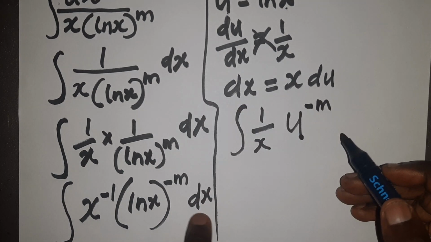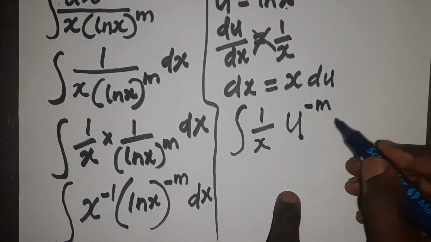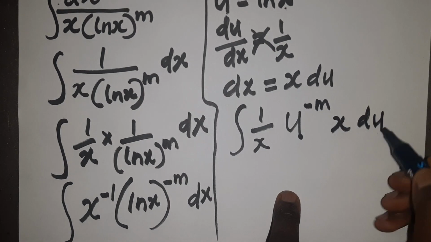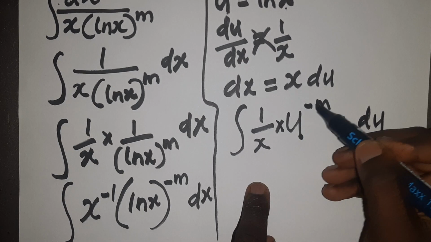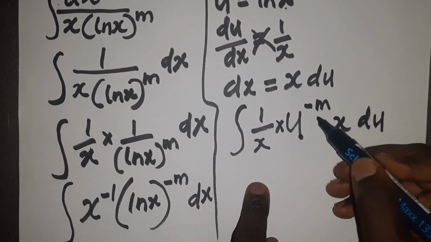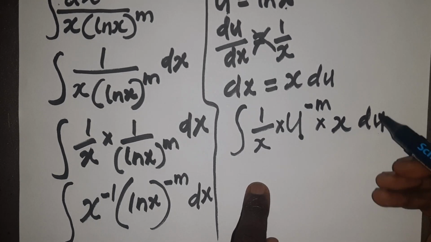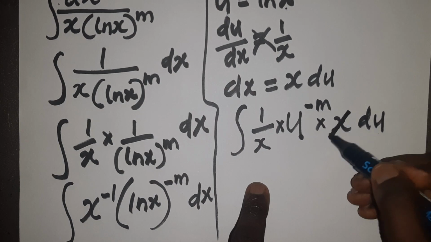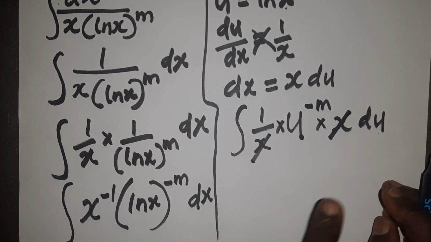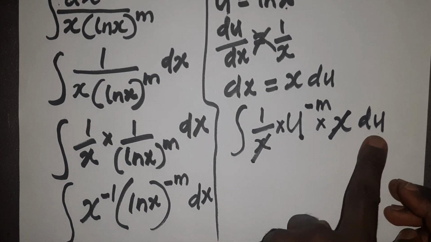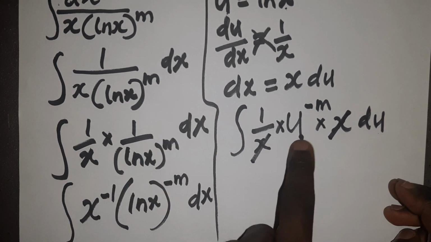So I'm replacing this dx with x du. Then of course this one means 1 over x times u raised to power minus m, times this x, times du. So I can now finally have x cancelling x. That is the main reason for the u substitution, so that I'll just have my u and the du left, and that means it will now be in standard form.